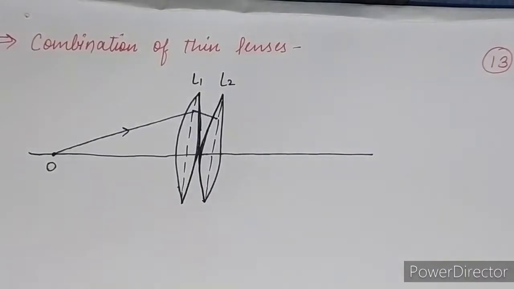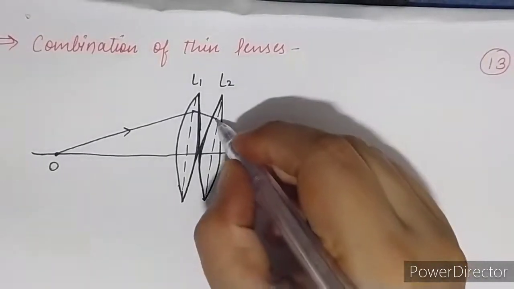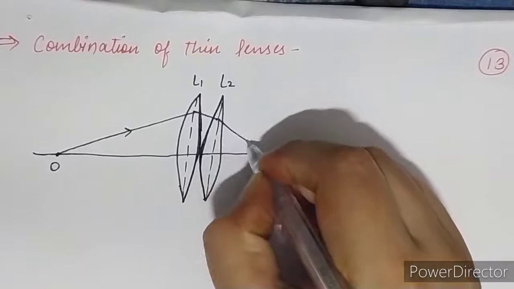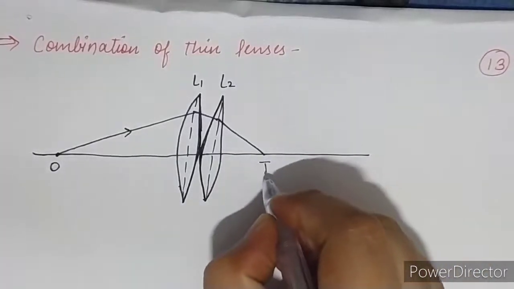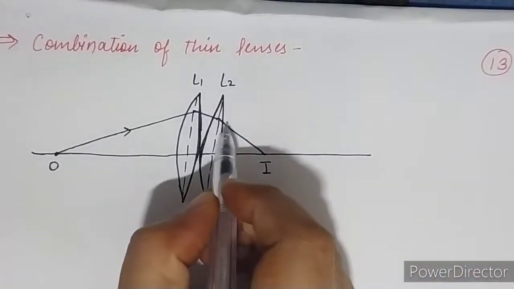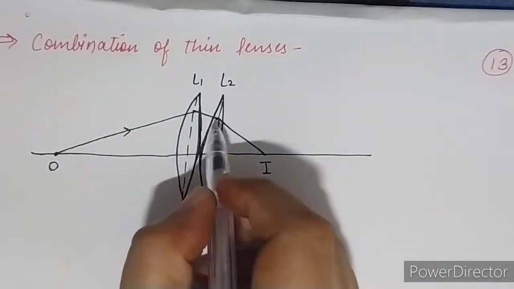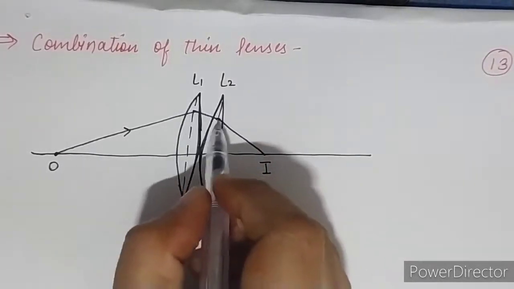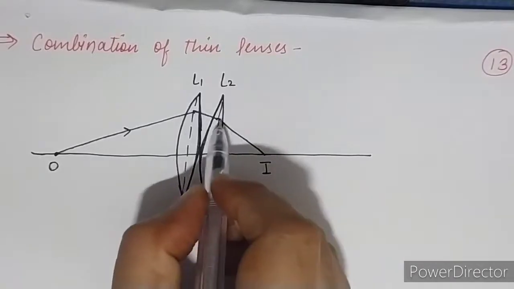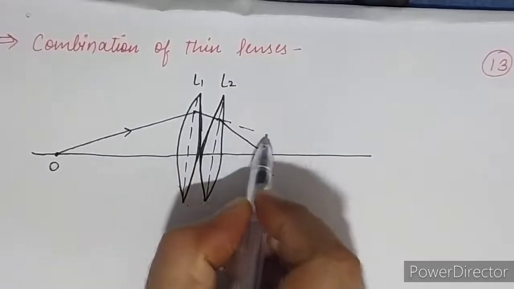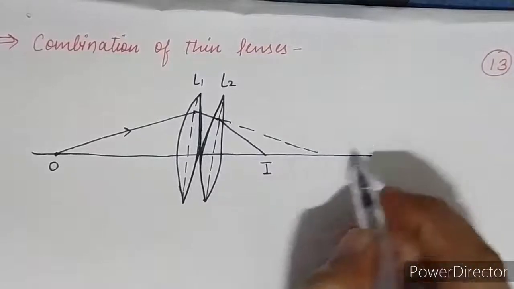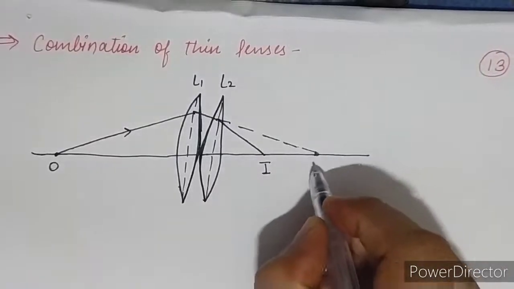Then it forms an image I. But if there is no second lens, only this one refraction from the first lens, then the image will be formed at I dash.